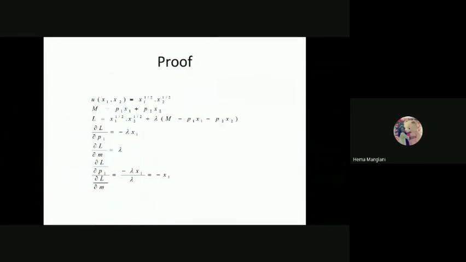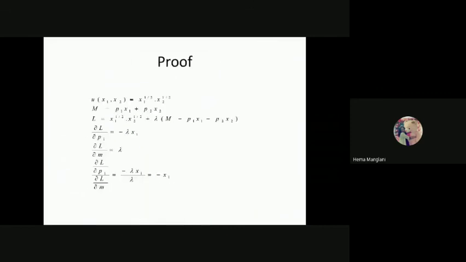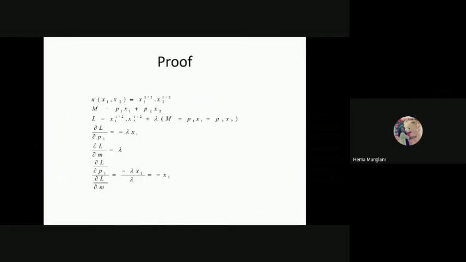So we have this Lagrangian equation. Now I'll differentiate first with respect to P1, as we were doing here. That gives me minus lambda x1. The Lagrangian equation differentiated with respect to M gives me the value of lambda.